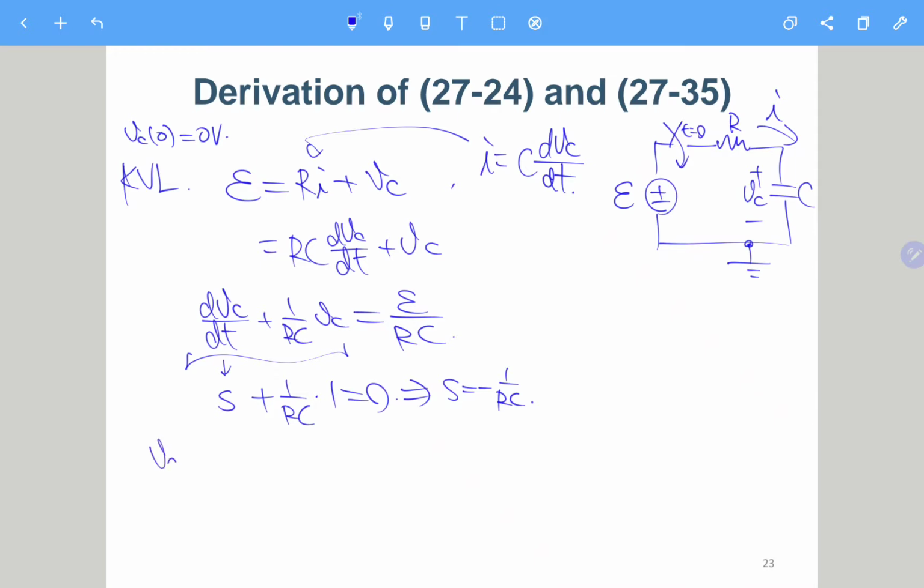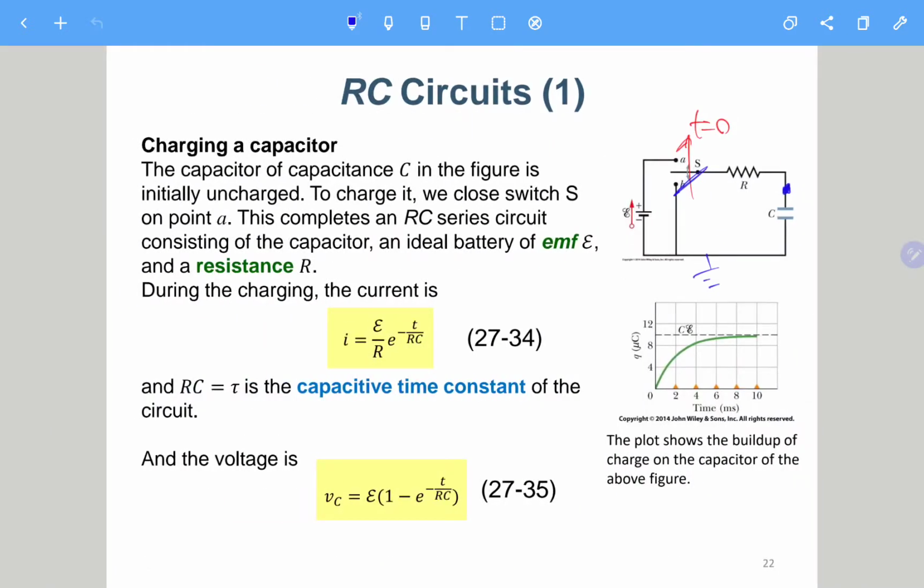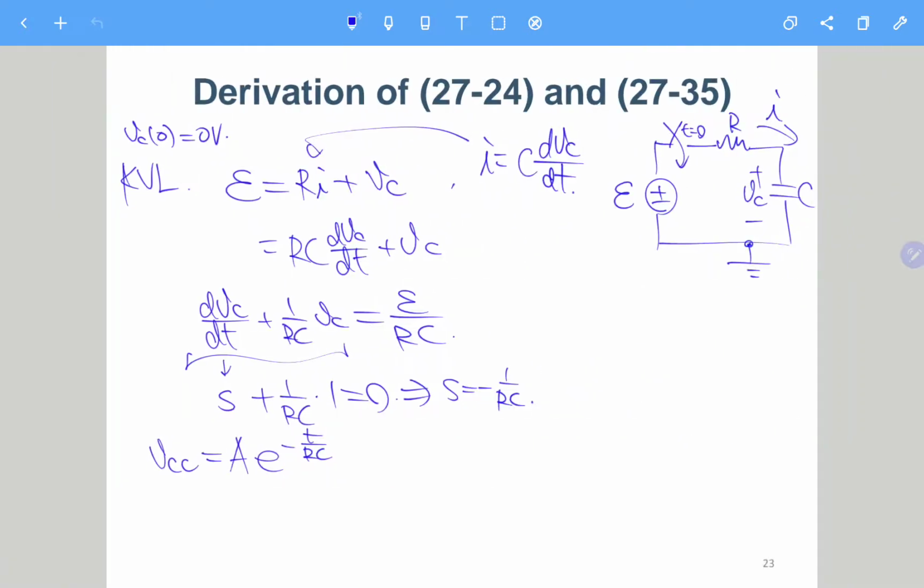So in this case, VC, the complementary solution or the homogeneous solution, is A times exponential to negative T over RC. Okay, so we already get this term. Now for the particular solution, this is a constant, which means a zero order polynomial. So we also assume VCP to be another constant B. Okay, so we can just plug this into here.